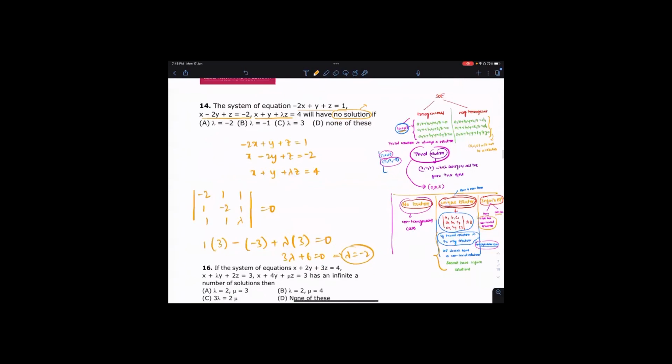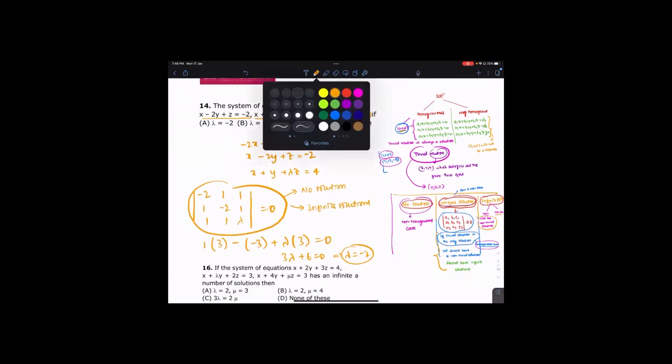So when lambda is minus 2, the system of equations will have no solution, is what we are getting. Now here is the trick, guys. If det is 0, 2 possibilities are there. What are the 2 possibilities? Either it can be no solution or it can be infinite solutions. Correct?